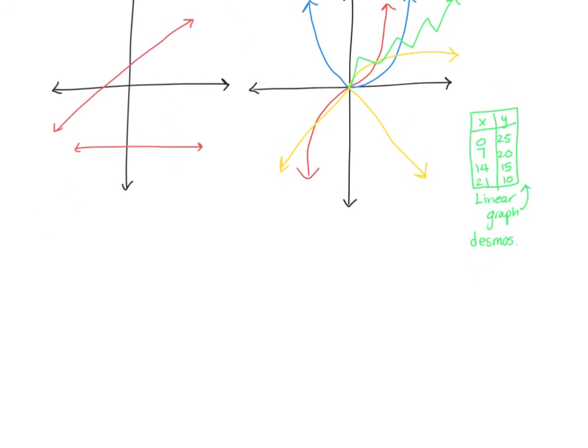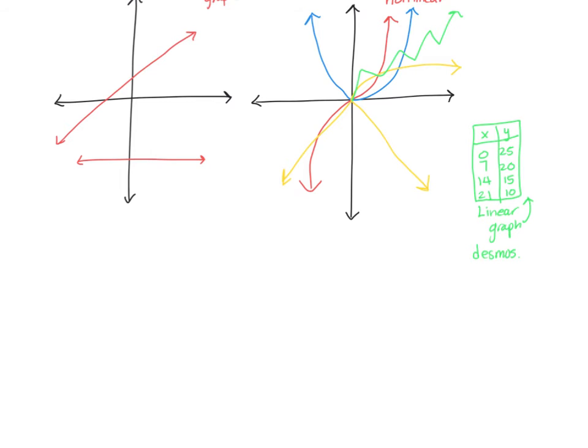Actually, there's an even easier way. You don't even need to use Desmos. So let's say you're given something like this, x and y, okay? And you're given 3, 40, 6, 32, 9, 24, and then 12, 16.